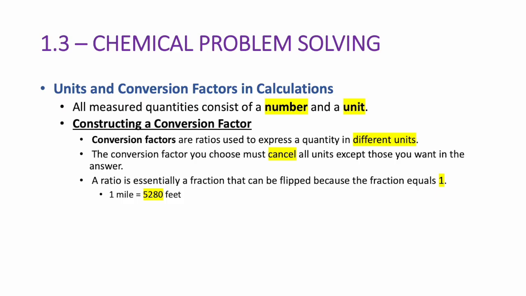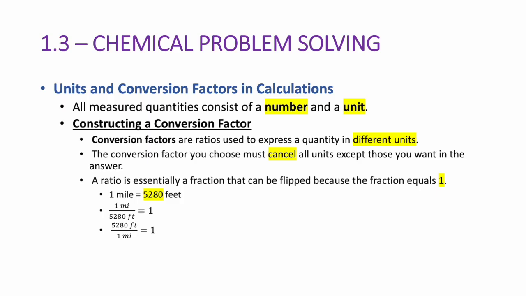For instance, we know that a mile is equal to 5,280 feet. So we're working with two different units here, and this equality we can turn into a fraction such as this. 1 mile over 5,280 feet is a conversion factor that equals 1.